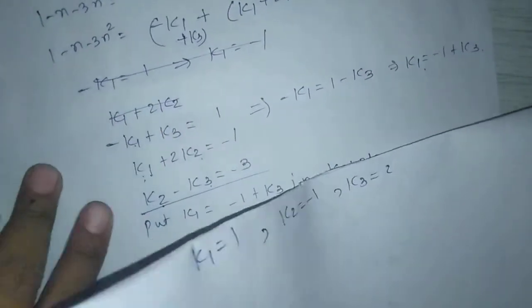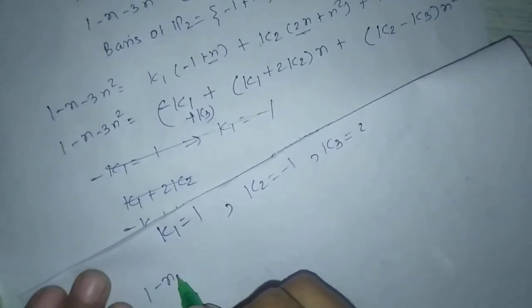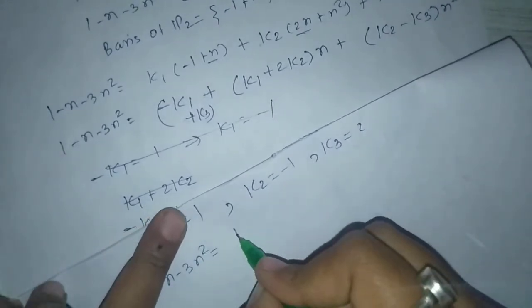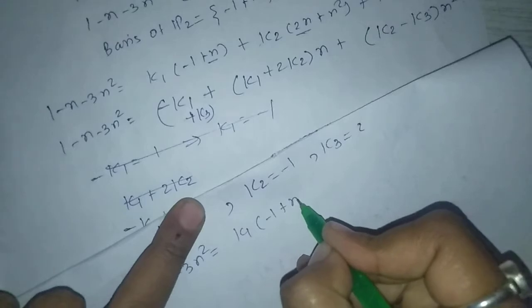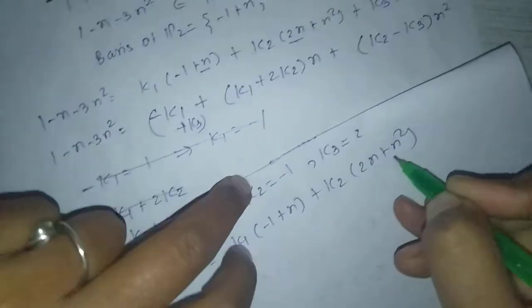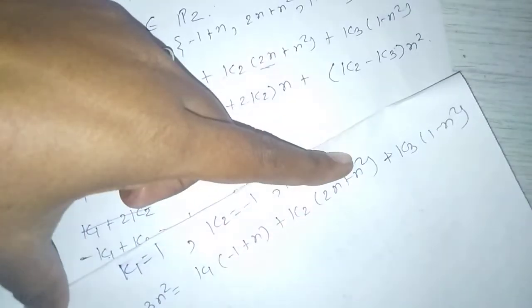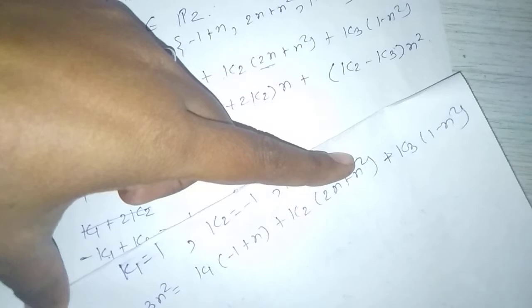Put these values in this equation: 1 - x - 3x² equal to k1(-1 + x) + k2(2x + x²) + k3(1 - x²). Apply T on both sides.